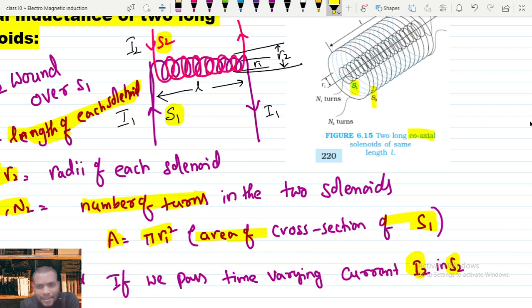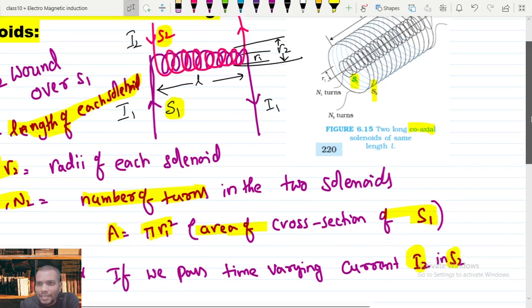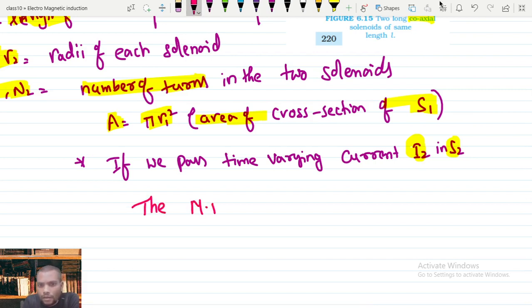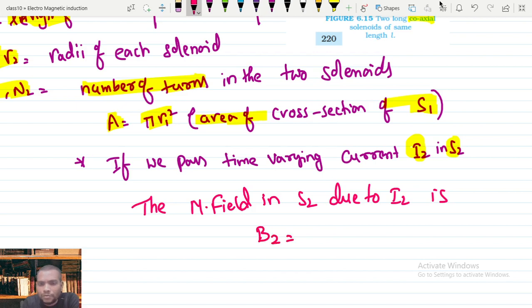We know that a time varying current produces a magnetic field. So the magnetic field is produced in S2. If I write the magnetic field in S2 due to I2, we can call it B2, equal to mu naught times small n2 times I2, the magnitude of the magnetic field due to a solenoid, which we already derived.